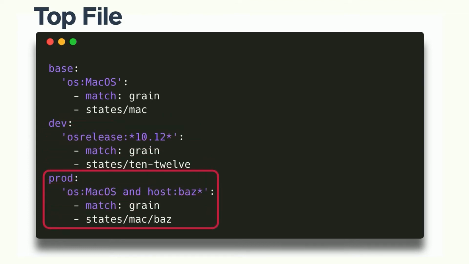Then if we had a production environment set up, you can do some conditional logic. So if the OS is a Mac and the host name is Baz of some sort, then these states will be applied.